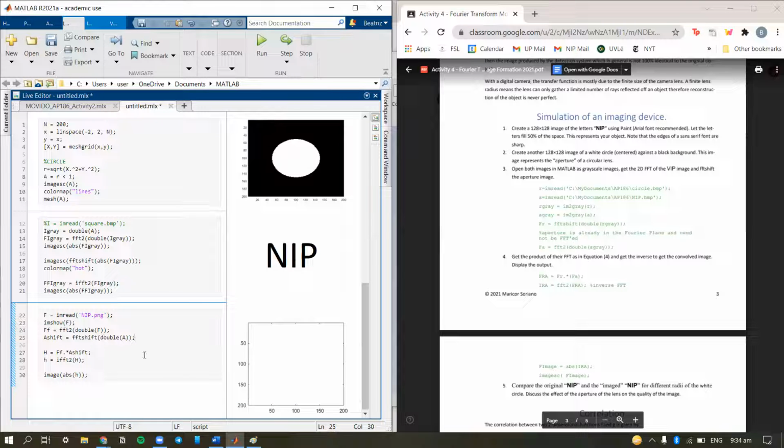H image equals abs H, small h. H image equals abs H, and then let's see. And then you image H image. Sige, sige. Type this, image H image.